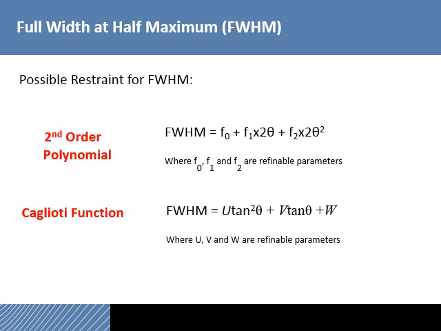Alternative to this polynomial is what's referred to as the Caglioti function, where the full width half maximum is defined by these U, V, and W parameters: U times the tangent squared of theta, V times tangent of theta, plus a W parameter. I think on the following slide, there's actually a plot of what the typical full width half maxes in the diffraction pattern look like as a function of 2 theta in terms of their breadth.